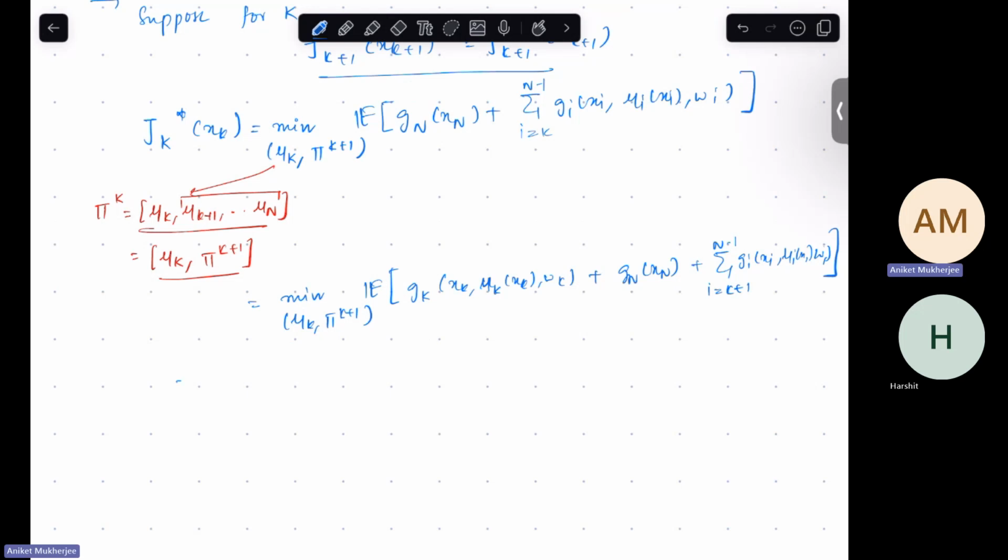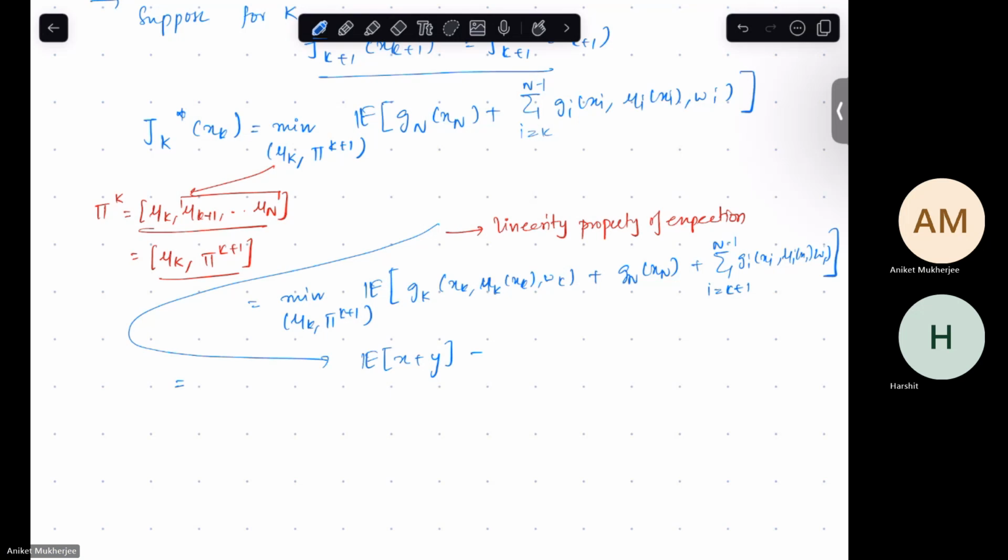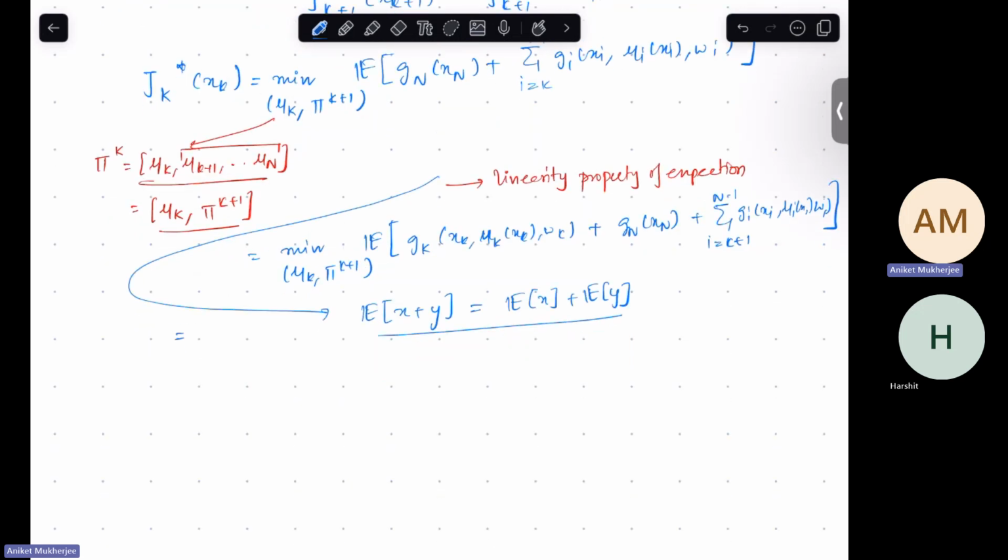Now I'll use the linearity property of expectation. What does the linearity property of expectation tell us? It tells us that the expectation of x plus y is the expectation of x plus the expectation of y. So you can split the expectation over summations.